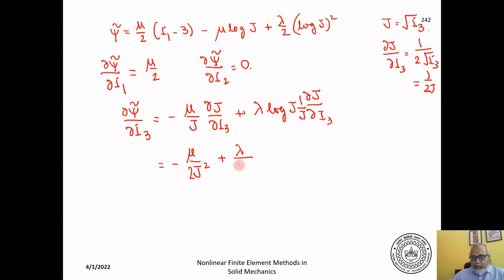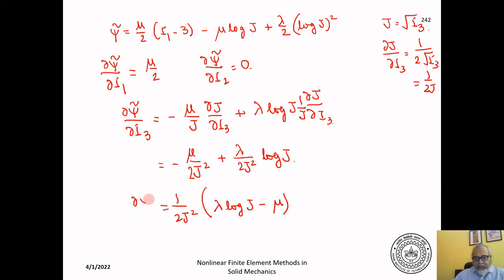So you have again 2J square here times log J, which leads to 1 by 2J square, lambda log J minus mu. So this is del psi hat del I3.